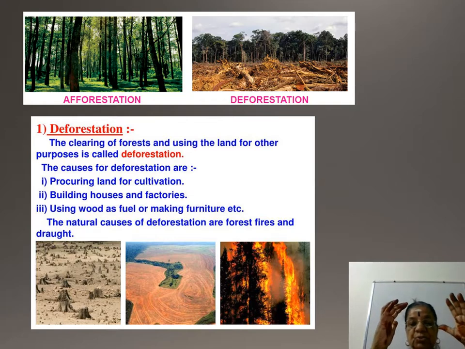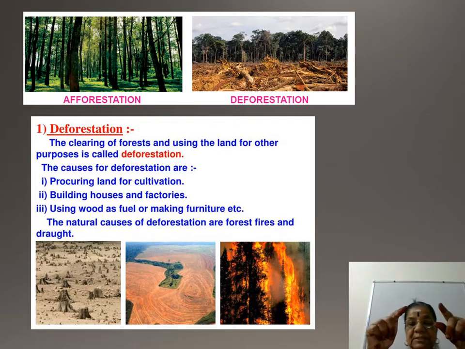Our environment should be protected first from natural calamities. Natural calamities like rain, storm, cyclone and the dynamic changes due to climatic changes. We have to protect the plants and animals. That is afforestation, growing of plants and animals.